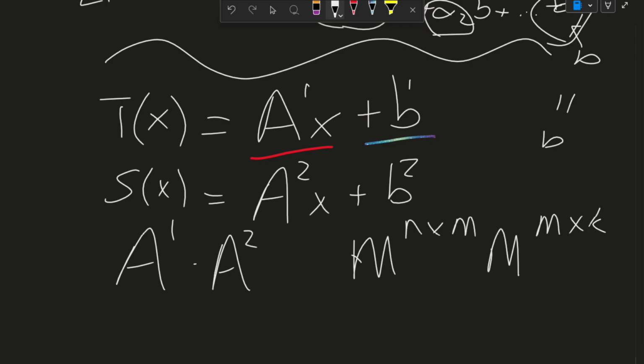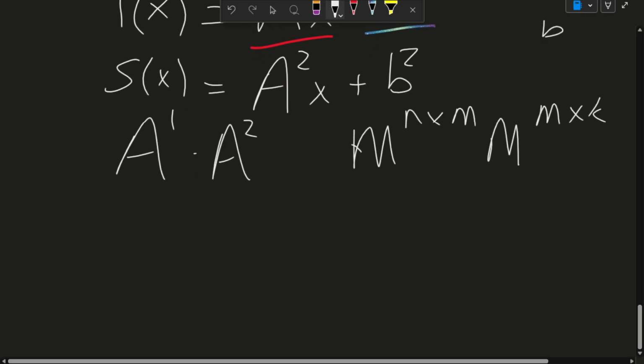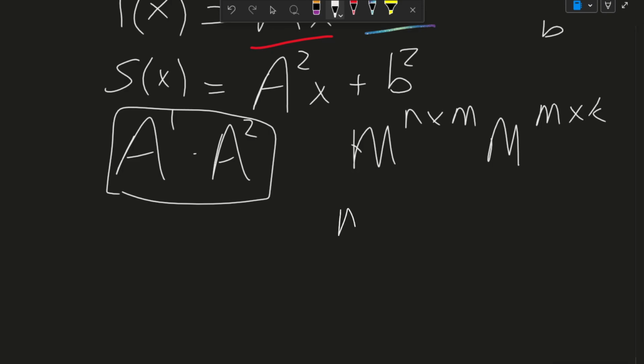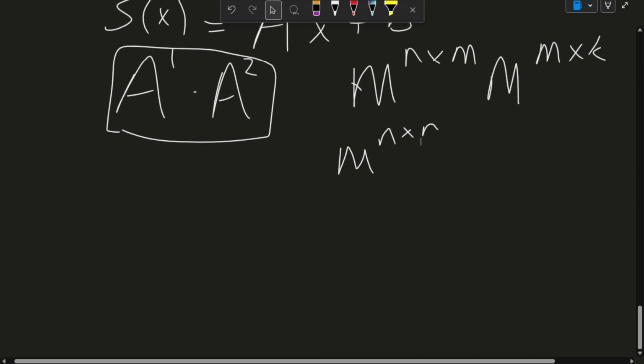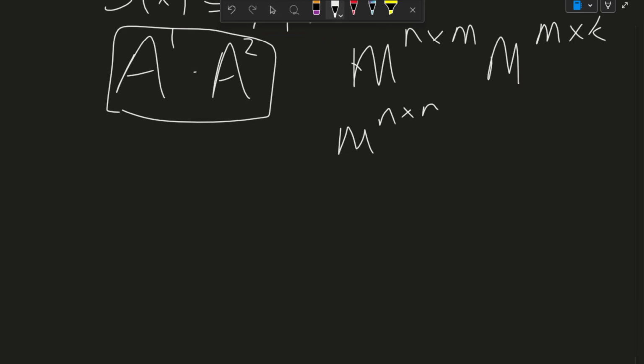So let's just assume that that's working. Actually, let's even assume something stronger: let's assume that both of these matrices are square, n by n. That'll just make the discussion a little bit easier. You can redo the discussion, but it's easier to assume that all multiplications make sense and everything's great.